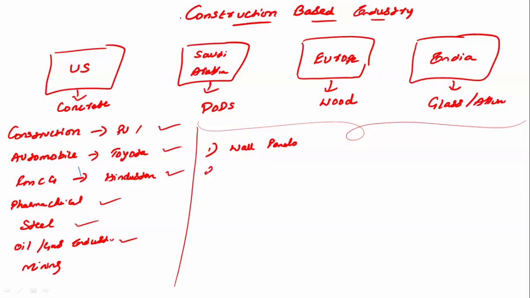Then the second thing is the roof slab. So what is a roof slab? You put on the top, you put iron, and upon that you put concrete. So that is a roof slab. Even that is manufactured in the factory. The best example for this concrete-based industry is a metro.